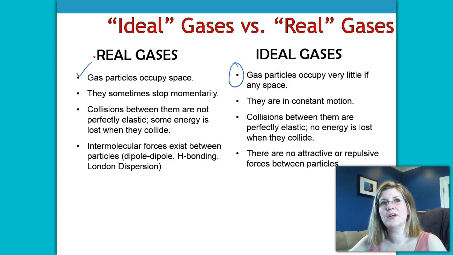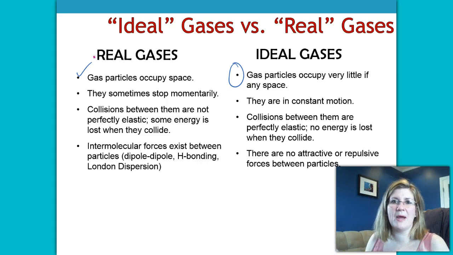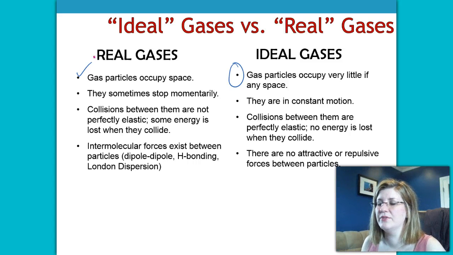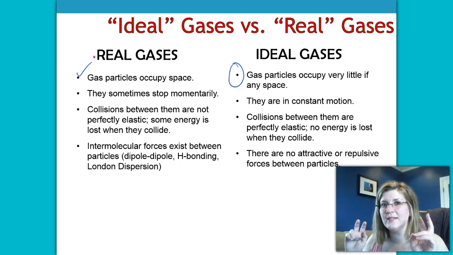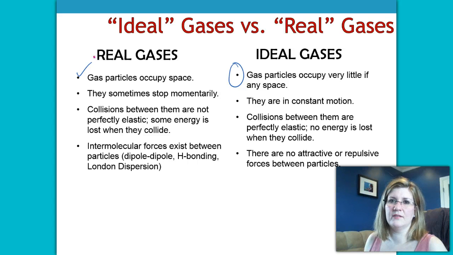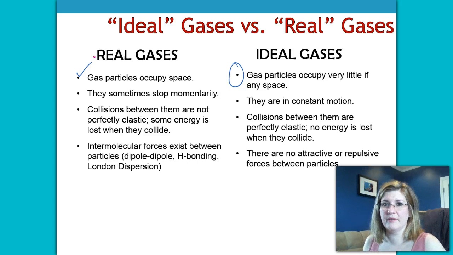Okay, real gases. We've talked about gases so far moving and bouncing off of the edges of the container and off of molecules themselves, but we've said they're in constant motion. And I don't think anybody has ever asked me, well, Mrs. Gross, do they ever stop? And according to the ideal gas law and this idea of what an ideal gas is, the answer is no. They constantly move forever and ever.